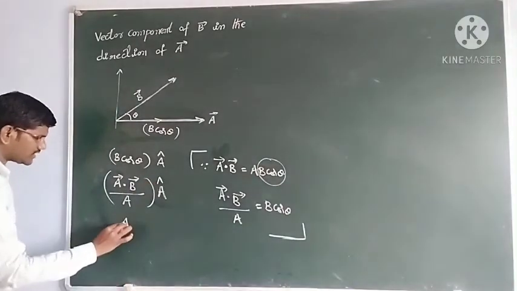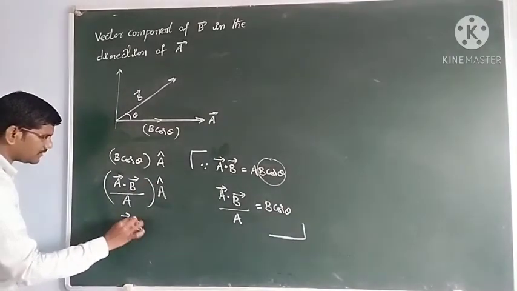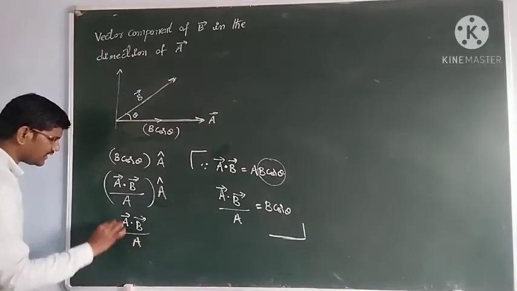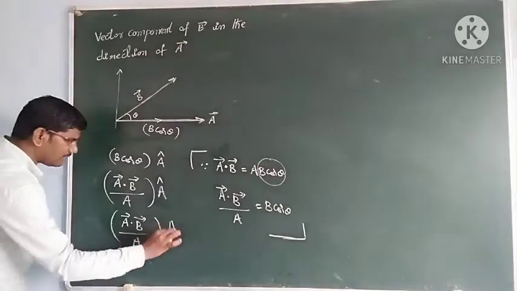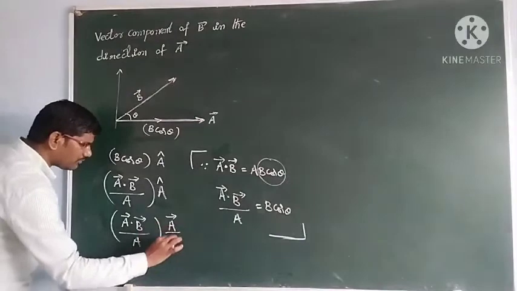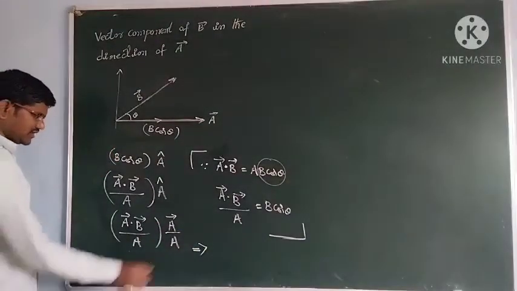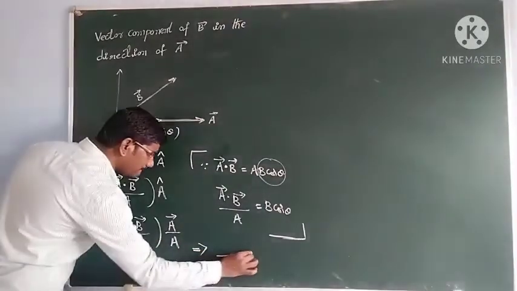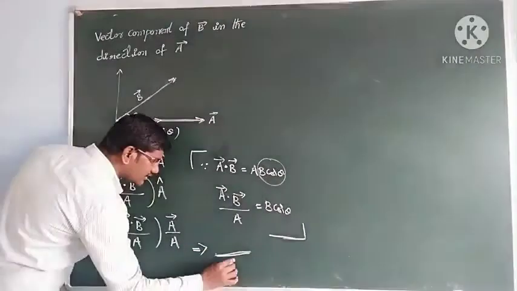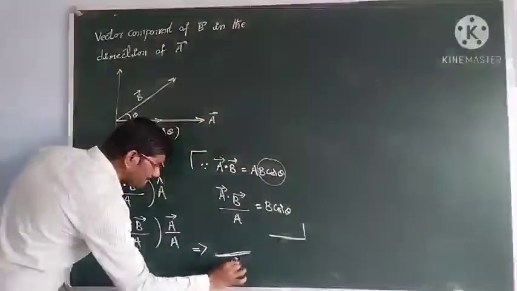Now what will you write, students? A bar dot B bar by A into A cap means what will you write? A bar by A, so A into A, the denominator you will get A square.